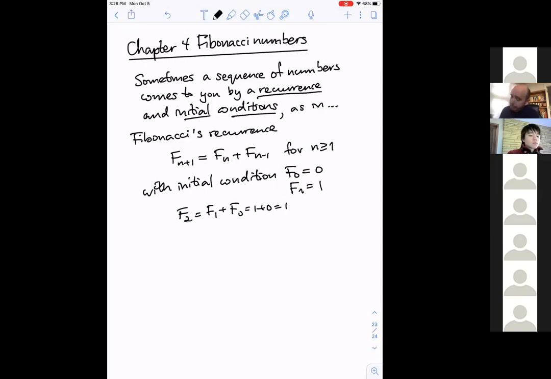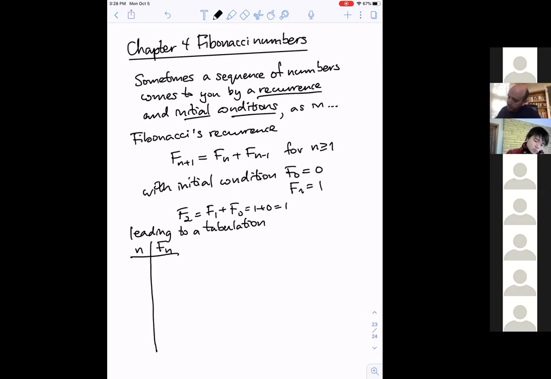And I'm just going to tabulate some more of them. Tabulation. All right, here's n, F sub n. Maybe I'm going to do this in a few columns.